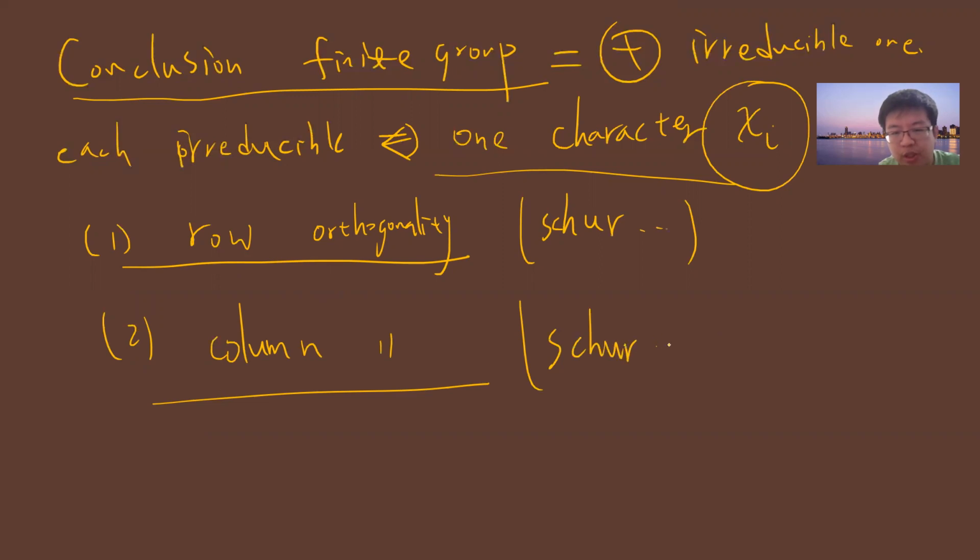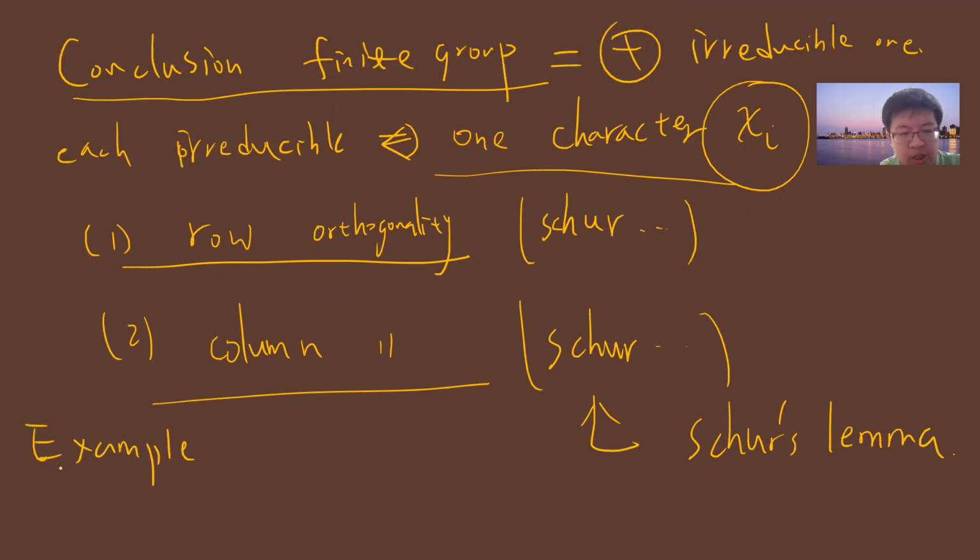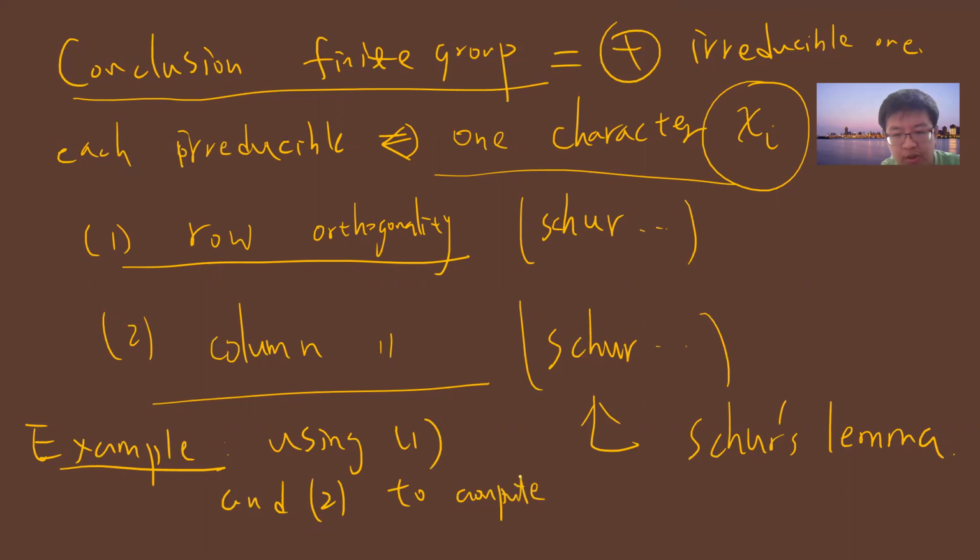And why is this called Schur's? Because everything comes from Schur's lemma of the irreducible representation. So the example we will look at in the other videos is basically using 1 and 2 to compute the characters and find out all the irreducible representations for some small group.